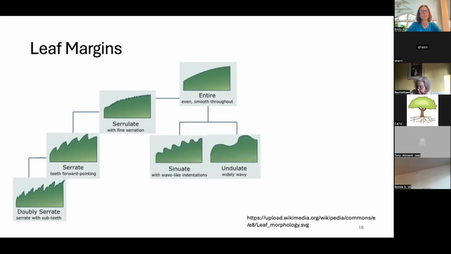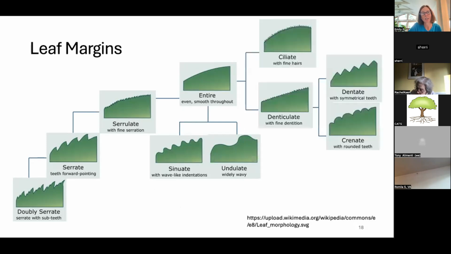The next thing is whether our leaf has sinuate or undulate. And these are with wave-like indentations or widely wavy on the side of the leaves. Because I think those are kind of similar in the way they look. And then finally, we're going to look on the other side where we have ciliate with fine hairs.